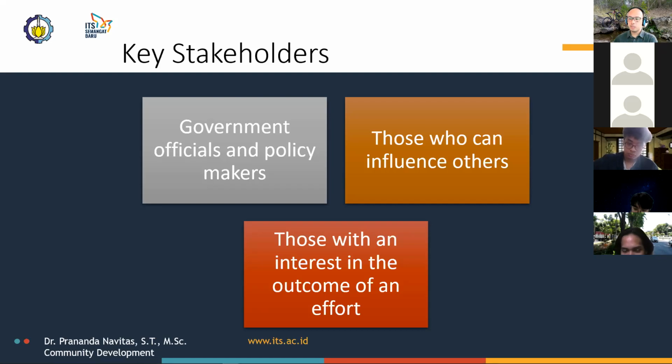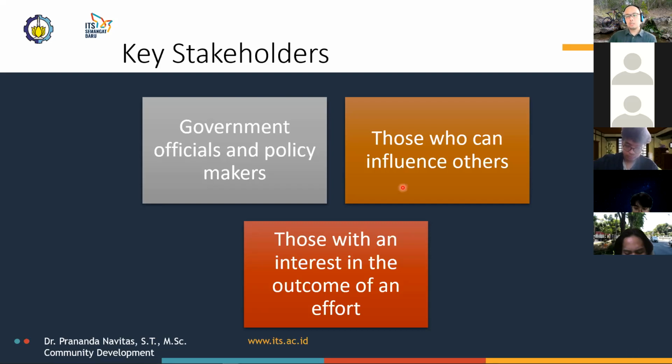Policymakers in general often have no official power, they may be advisors to those with real authority, but their opinions and ideas are often followed very closely. If you get policymakers on your side, that's a big plus.